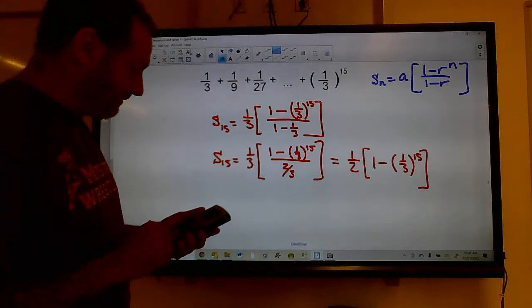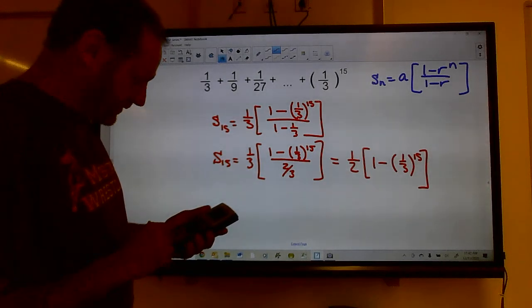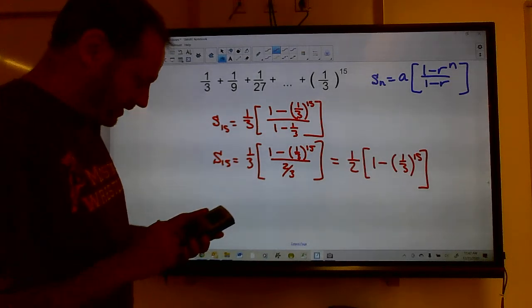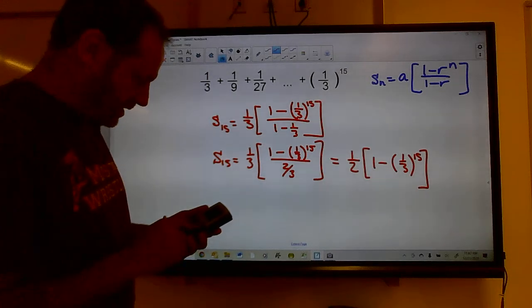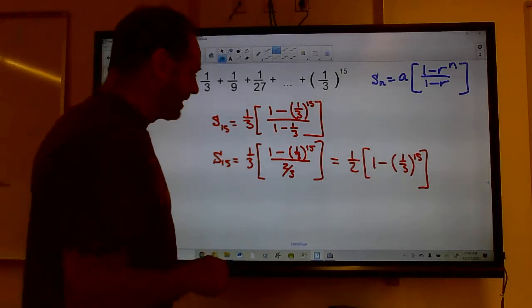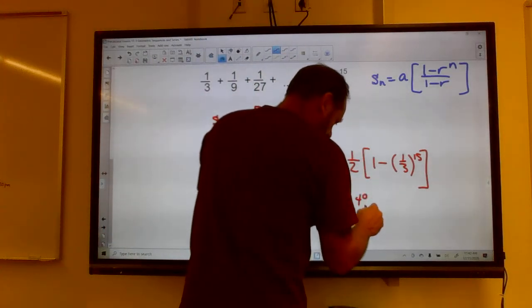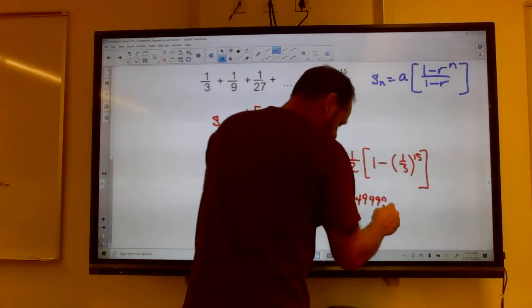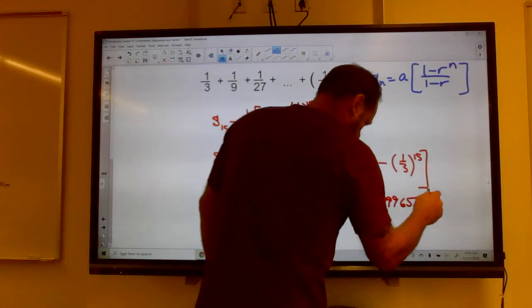So 0.5 times, open parentheses, 1 minus, open another parenthesis, 1 divided by 3, close the parenthesis, to the 15th power, and then close the second parenthesis. And I hit enter, and this comes out to be approximately 0.49999999652.